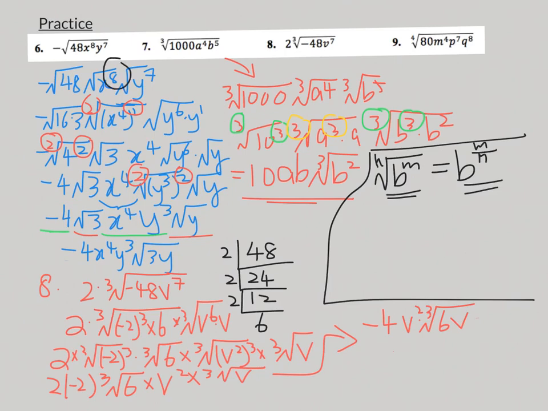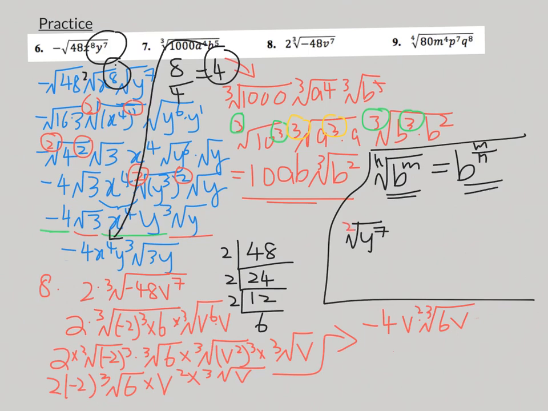So here you can see that 8 is the exponent, and there's a 2 here that we don't write for the index of the radical. So when you do 8 divided by 2, you end up with 4, and 4 is the exponent of the x here. And for the square root of y to the 7th, there is a 2 here that we are not writing.